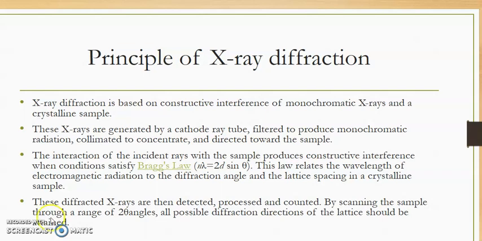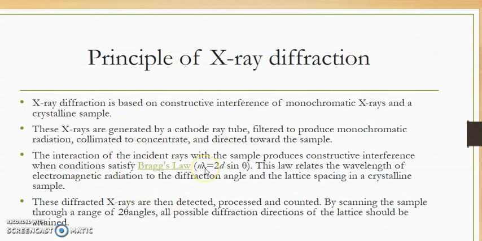These X-rays are generated by a cathode ray tube, filtered to produce monochromatic radiation, collimated to concentrate, and directed towards the sample. The interaction of the incident rays with the sample produces constructive interference when the condition satisfies Bragg's law.